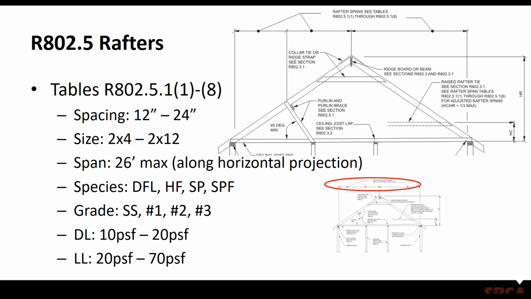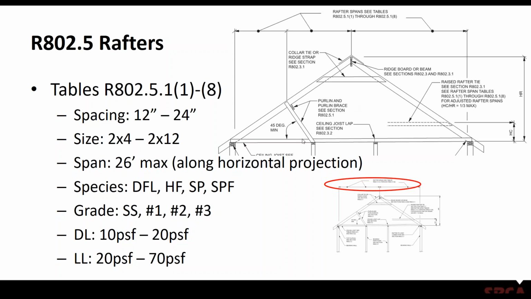Rafters are discussed in R802.5, and again, some of the requirements for these tables: 12 to 24 inches on center, 2x4 to 2x12, 26-foot maximum span. That span is measured on the horizontal. So the one thing I want to point out here is, based on our sketch up above, that span would be 26 feet, in this case on the right-hand side, from the ridge board to the outside wall, measured on the horizontal.